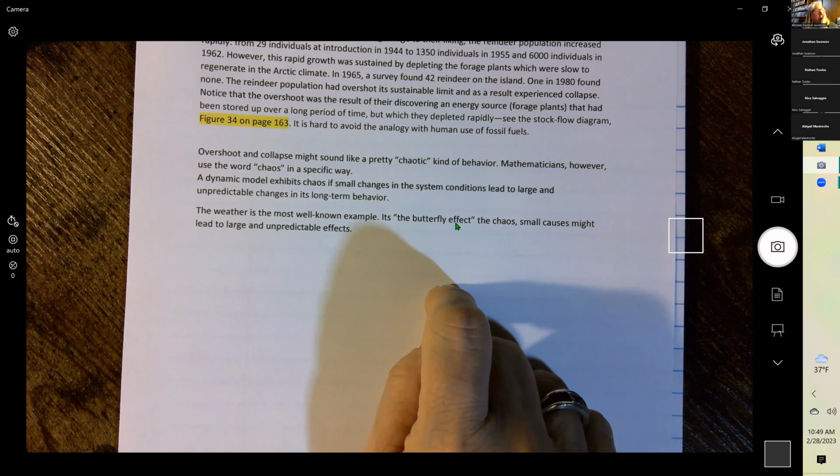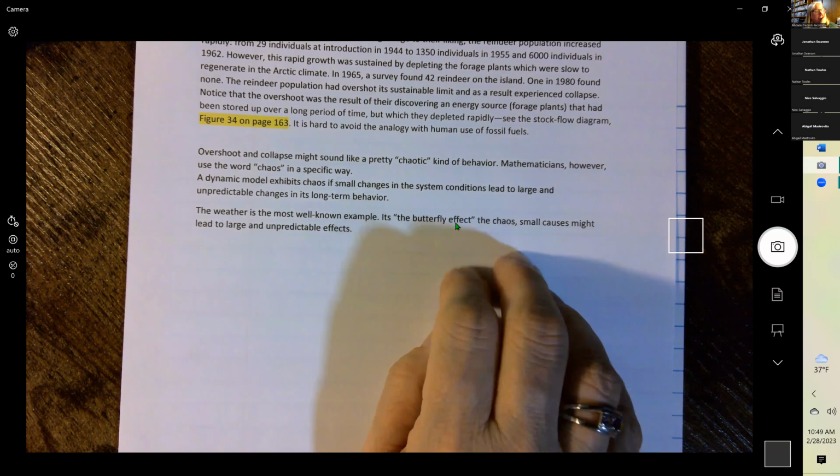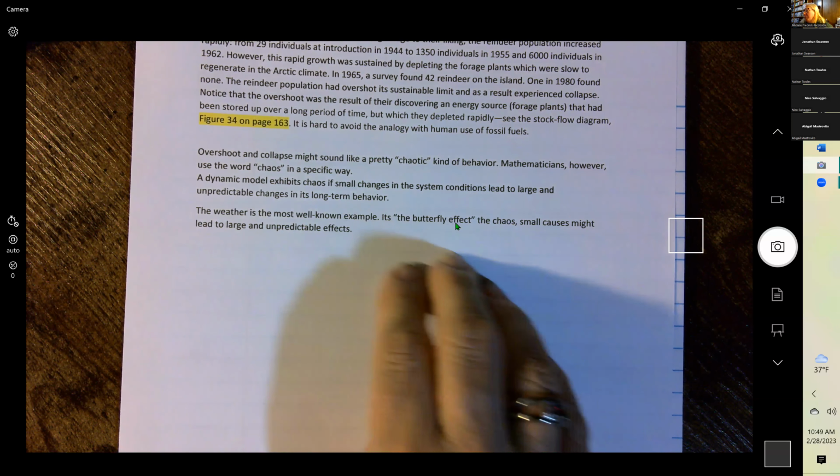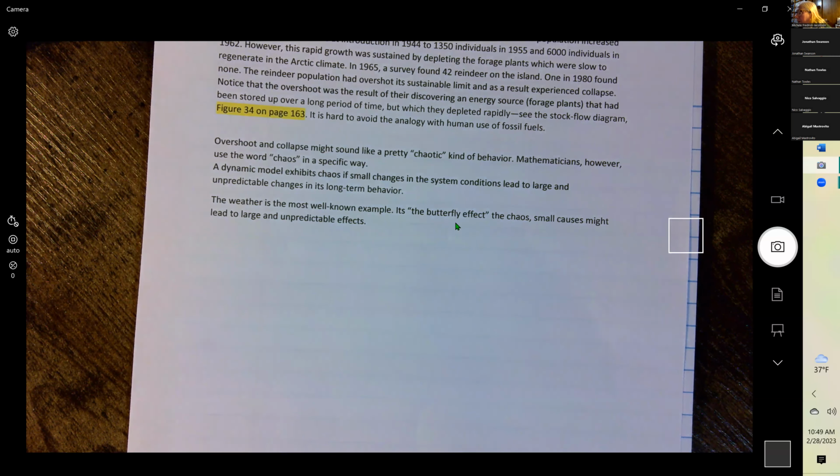I forget if it was Indiana or Illinois his friends had moved to. But little things like that, it wasn't expected, but then a couple little changes in the weather and something big happened. Any questions on that?